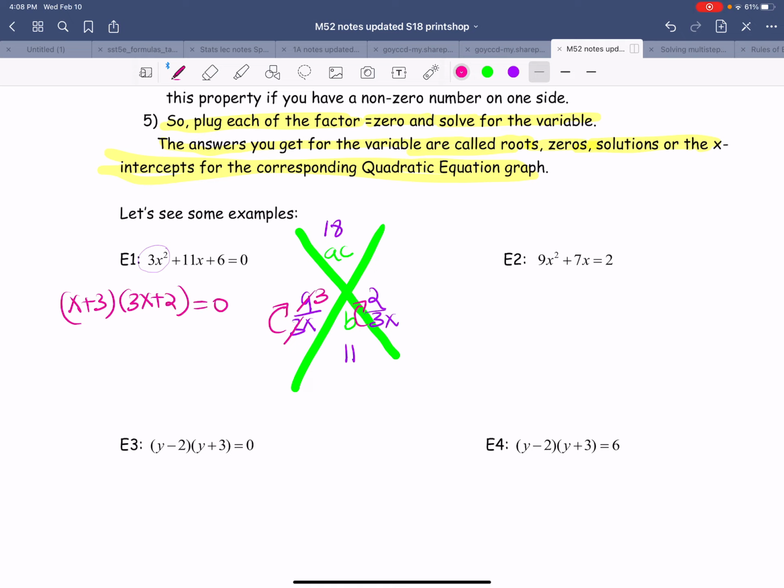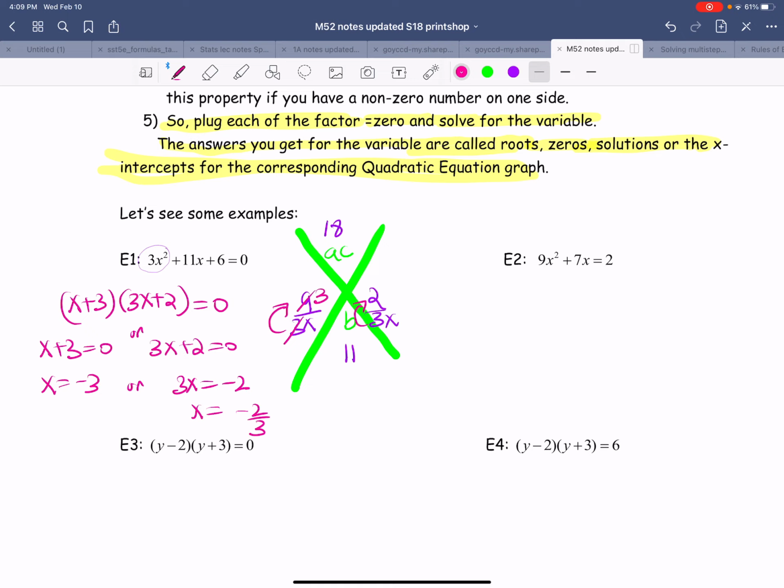Sorry, it's not an equation, it's a factor. Now it's time to use the zero product property, which says set each factor equal to 0 and solve for x. So either x is negative 3 or 3x is equal to negative 2 and x equals negative 2/3.